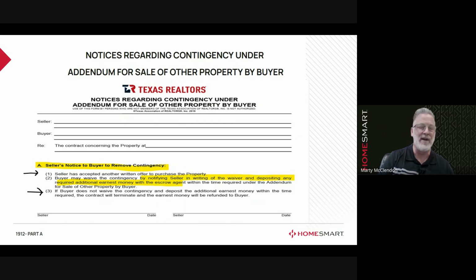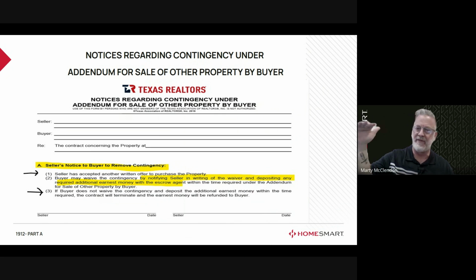So seller got an offer. They've accepted an offer. They're giving notice to the buyer, who's the first buyer. It says seller has accepted another written offer to purchase the property. Buyer may waive the contingency by notifying the seller in writing of the waiver and depositing any required additional earnest money with the escrow agent within the time required under the addendums.